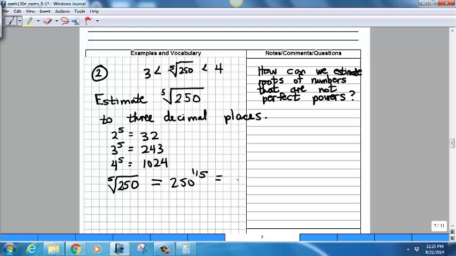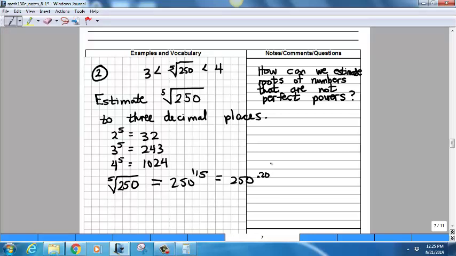And 1/5, that's easy to write as a decimal. How do you write 1/5 as a decimal? 0.2, right? So we can rewrite the fifth root of 250 as 250 to the 0.2 power. That's another way of expressing the fifth root of 250.